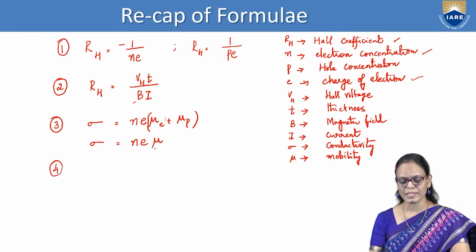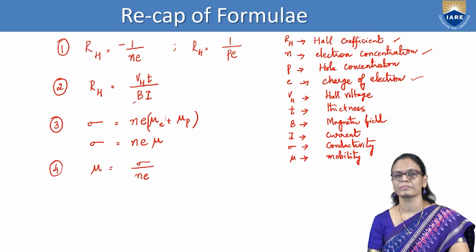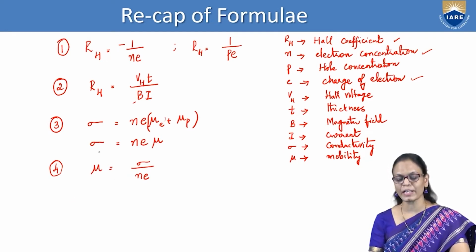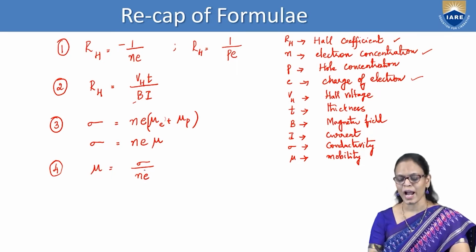Then from the same formula, if we have to calculate the mobility, mu will be equal to sigma upon Ne, because we want to find mu, so we take Ne onto the other side. Suppose N and E are not given. We know the Hall coefficient and we know RH is equal to 1 upon Ne.